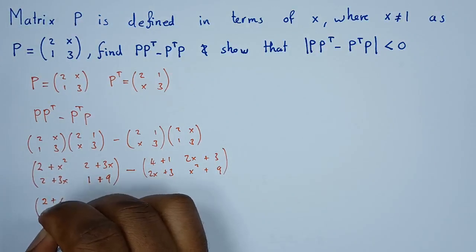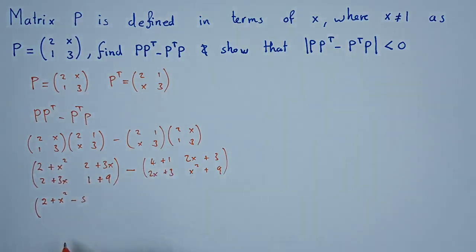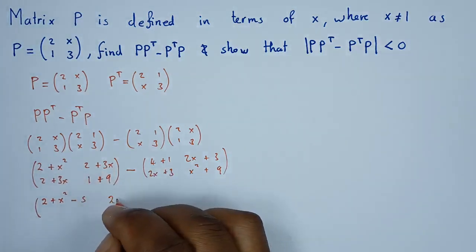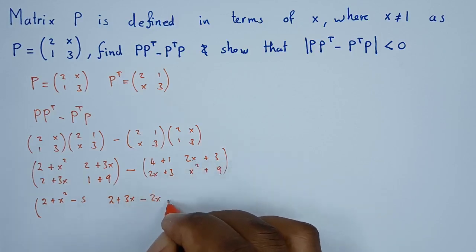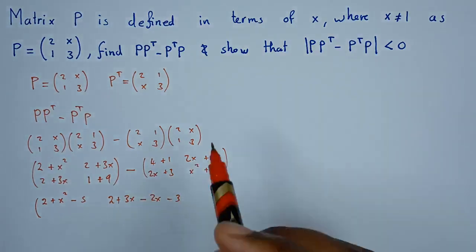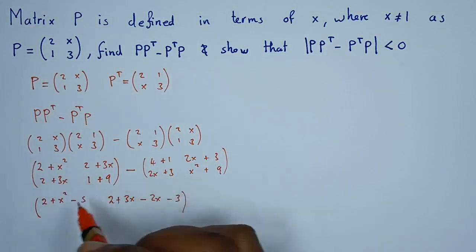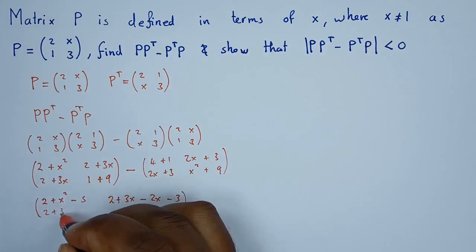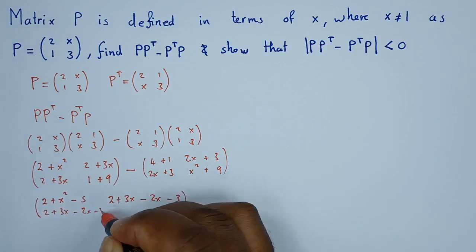2 plus x squared minus, this is a 5, 5. Then 2 plus 3x minus this 2, so minus 2x minus 3. Remember that the negative will affect both of them. Then this minus this, so we have 2 plus 3x minus 2x minus 3.